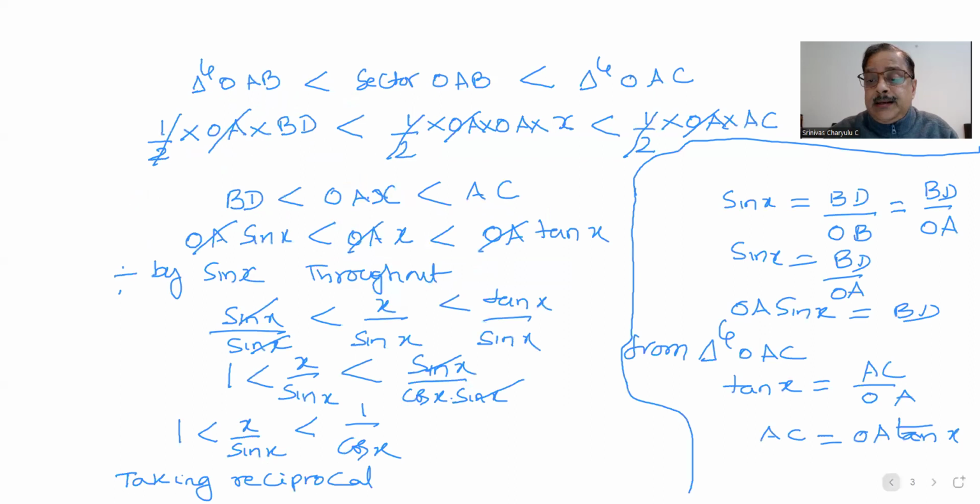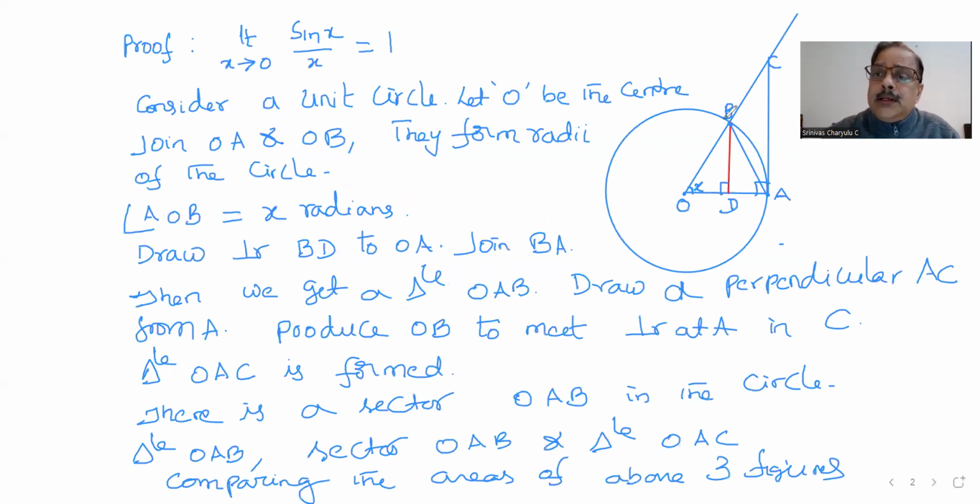So carefully, step by step, you have to see this. The only main secret or clue here is you have to draw 3 geometrical figures. One is called a triangle OAB, then one sector will be there, and one more triangle OAC. We will compare the areas of these 3 geometrical figures, and then we will try to cancel out the identical terms, then take the reciprocals, and then finally we will rearrange the terms and apply the limit X tends to 0.